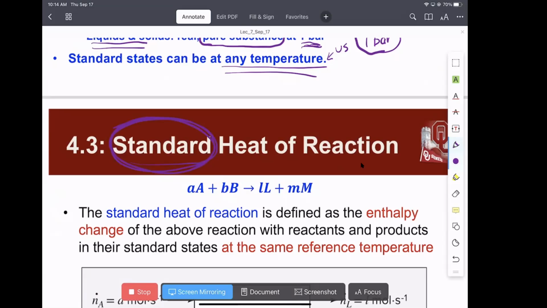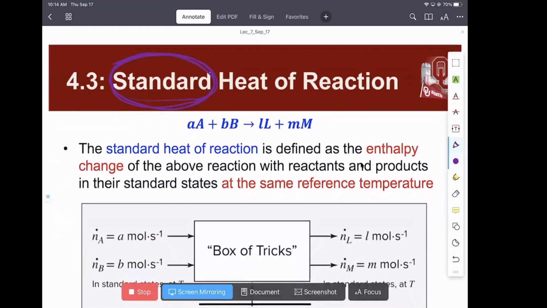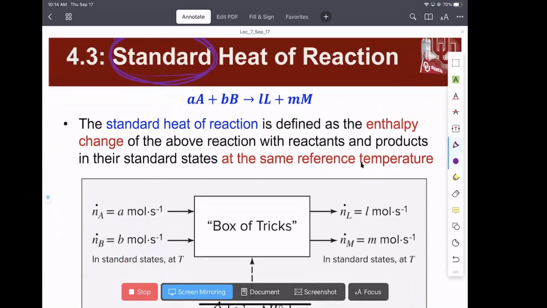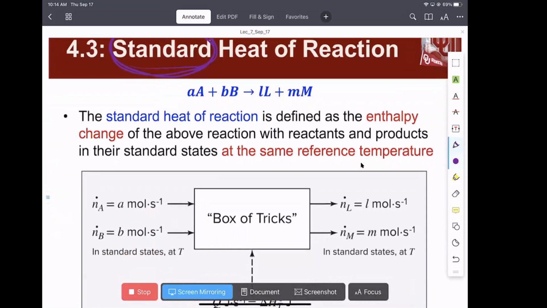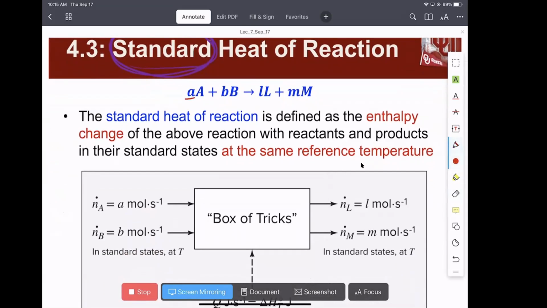Number 2, when we talk about the reactions, we need to identify the reactants and the products, as well as the stoichiometry coefficients. When we talk about the stoichiometry coefficients, we are talking about those values in front of the species in the reaction.